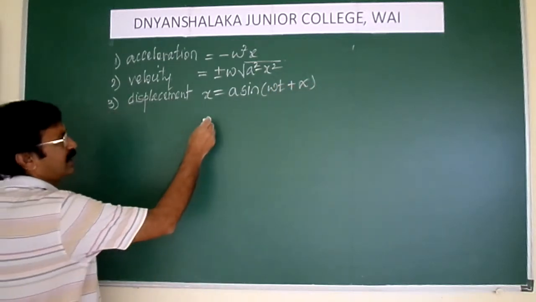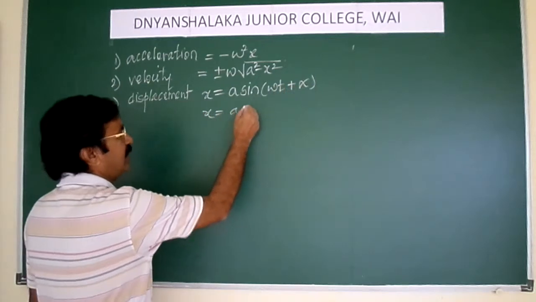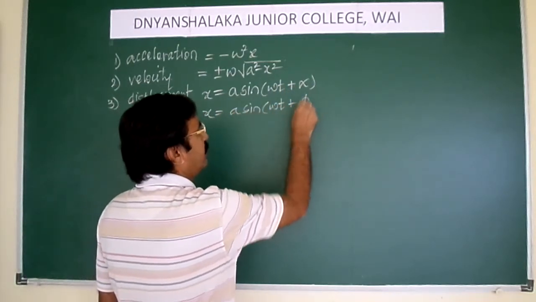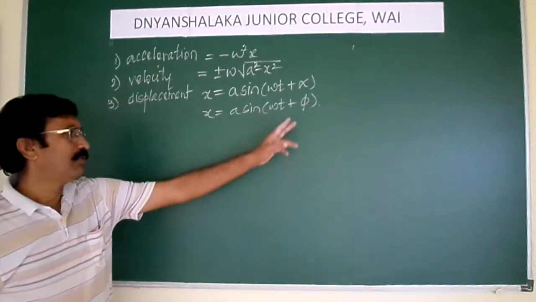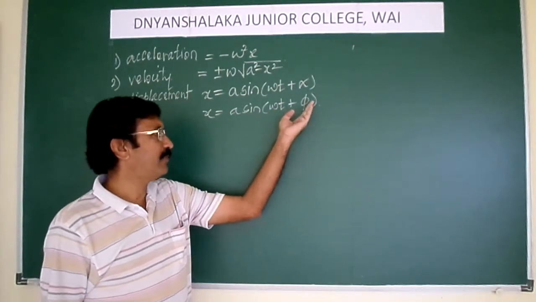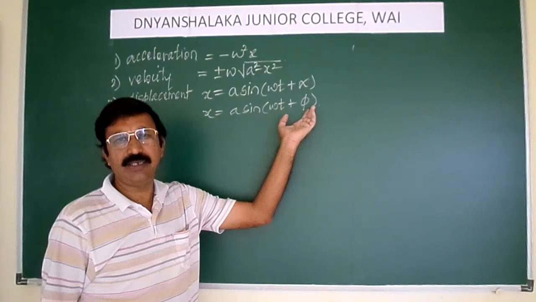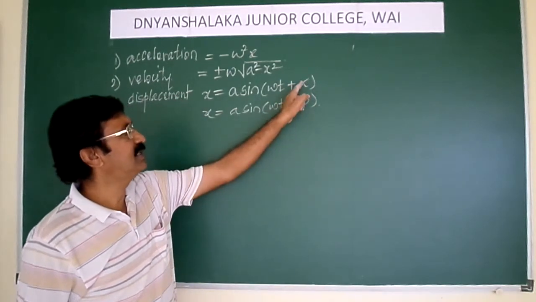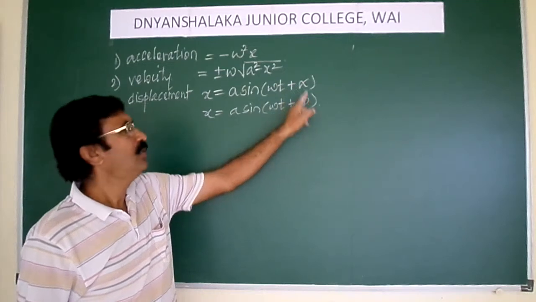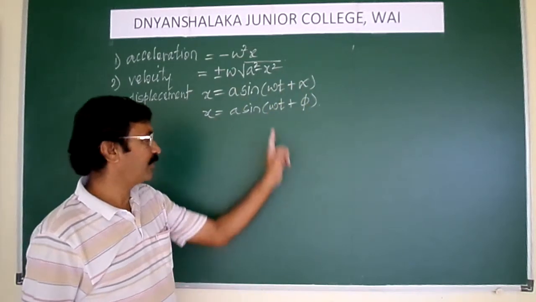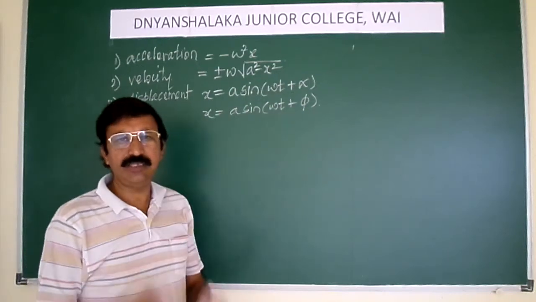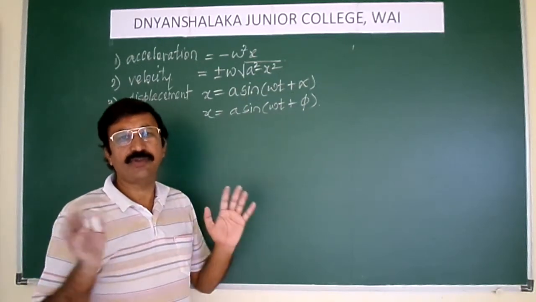In some textbooks it will also be given as a sine of omega t plus phi. What denotation we take over here, phi or alpha or theta, is immaterial. What is important is that these are the starting phases, the initial phases. Omega t plus alpha, omega t plus phi, these are the phases of SHM.